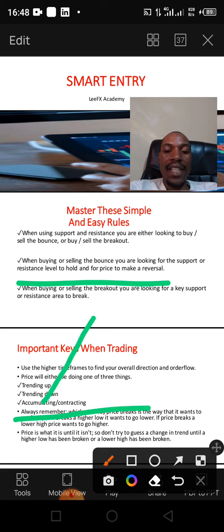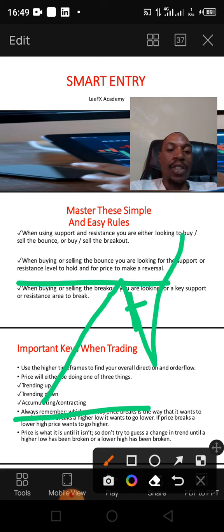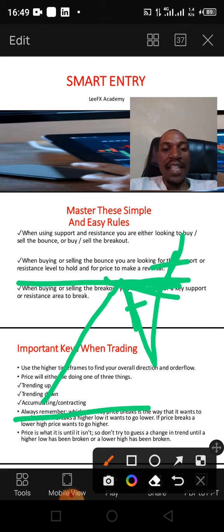When the price reaches here and makes the turn, you enter sell. Sometimes it may make a reversal like that, then it goes back up. When it passes this area, the market has done a reversal, then you enter there and go with it as buy.